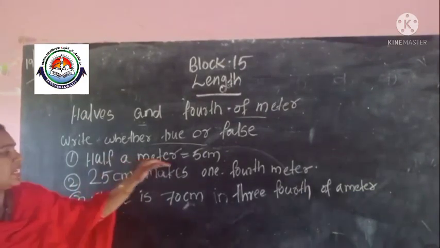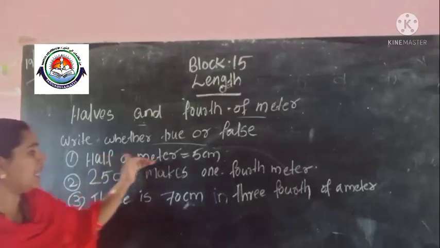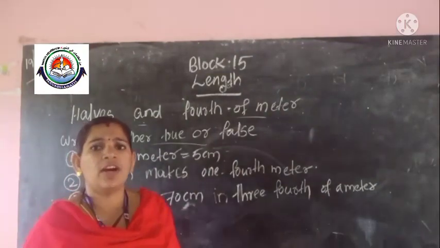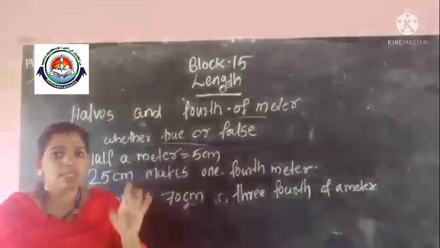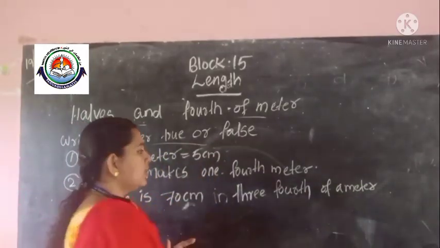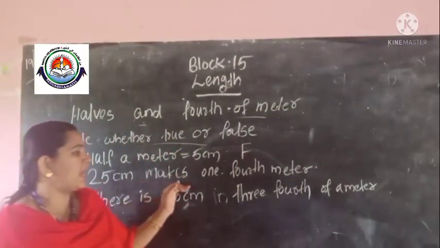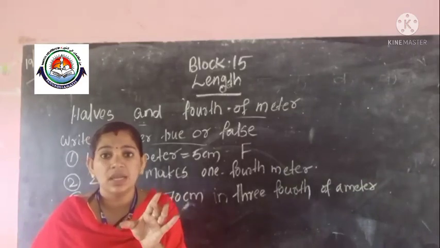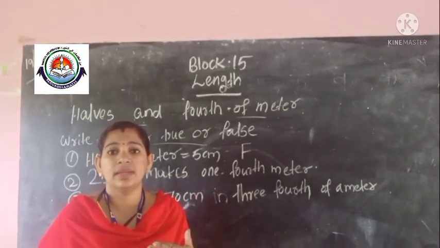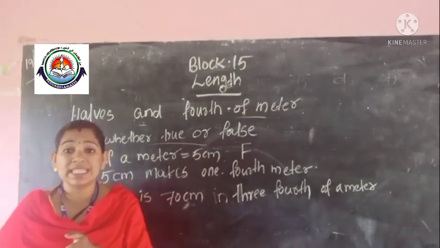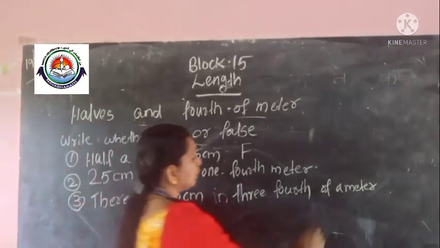So half meter is equal to 5 centimeter. Is that true or false? What is the value of half meter? It's 50 centimeter, but here it is given as 5 centimeter. So this is false. Next question: 25 centimeter make 1/4 meter. 1/4 meter is equal to how many centimeter? It's 25 centimeter. So this is true.